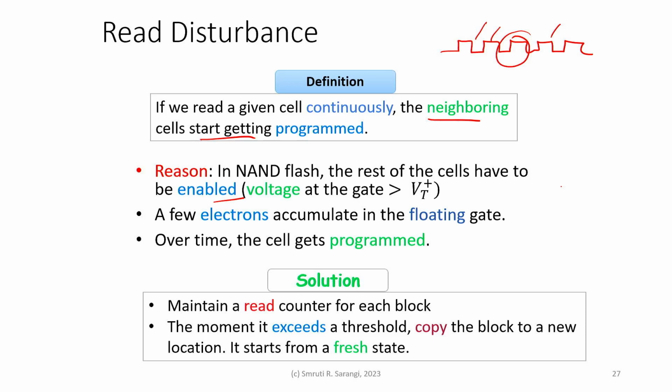So after a lot of usage, these cells get programmed. This is read disturbance. You are not accessing these cells, but they got programmed because you enabled them, and you will start accumulating faults. So you better have a good error correcting code to fix it.